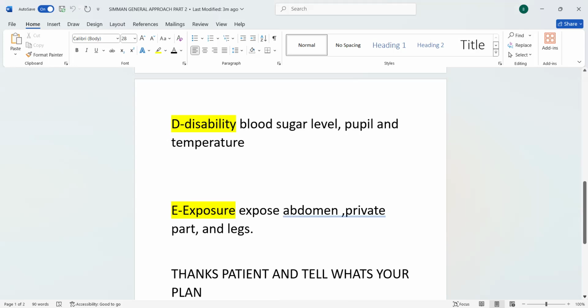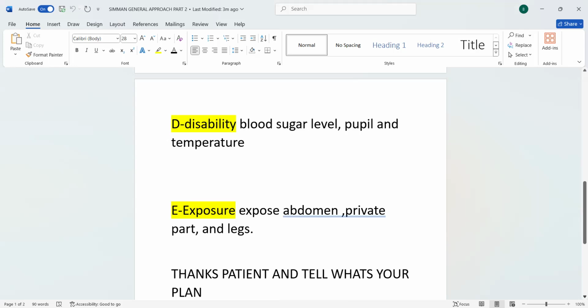When you expose the abdomen, there might be some swelling, some redness, some bleeding from the surgical incision. So you will have to start your management from here. To understand this part, you will have to watch our previous video, and you can easily get what is actually going on.